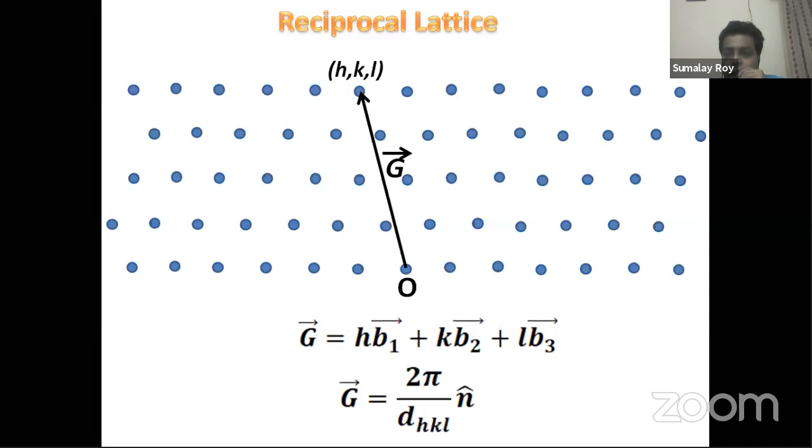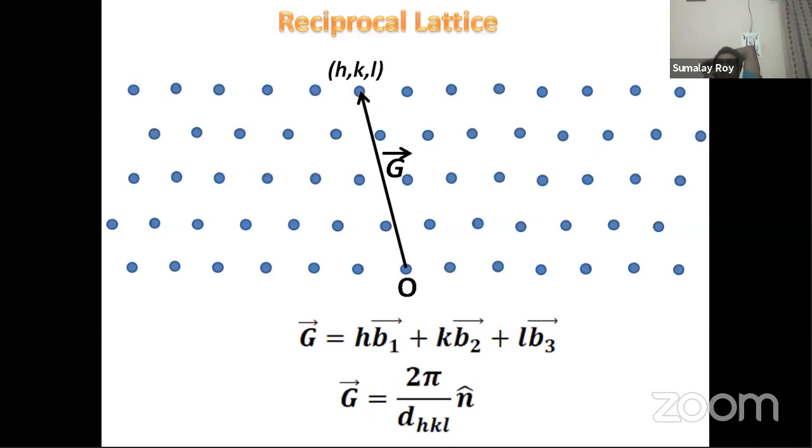Sangeeta asked a question: why is there always 2 pi in reciprocal forms? This is a very good question. Thank you very much. In any lattice, any property has to be periodic, right?